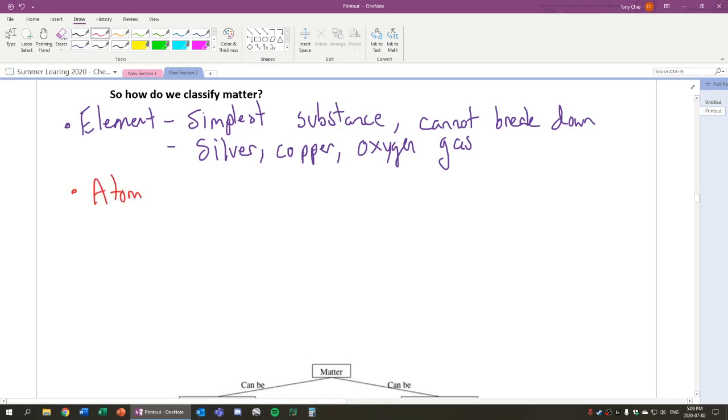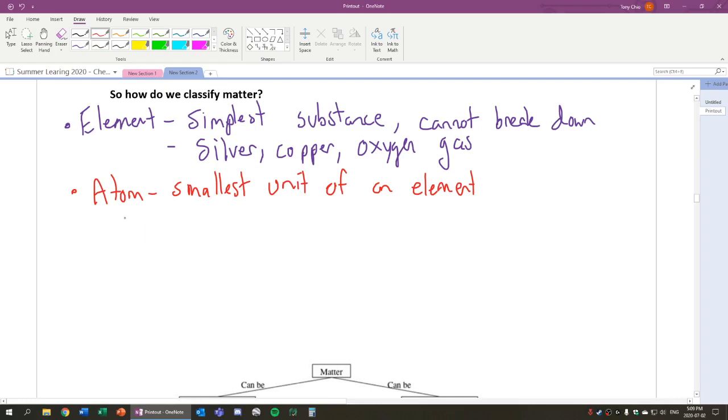Atoms, though, are the smallest possible unit of an element. So for example, oxygen gas is an element, but oxygen gas is O2. There are two oxygens. That one single oxygen is an atom of oxygen. So oxygen gas, an element, is made up of two atoms.